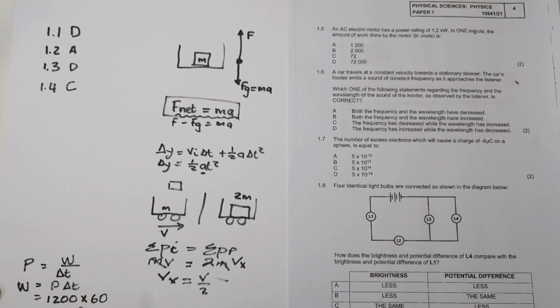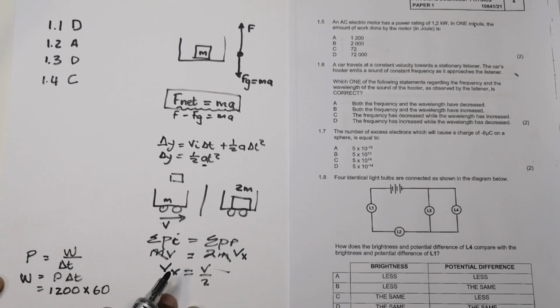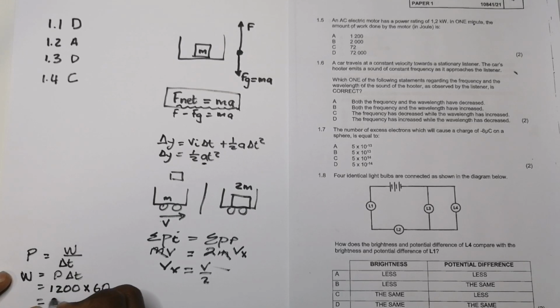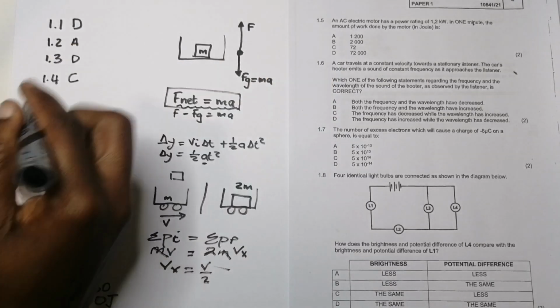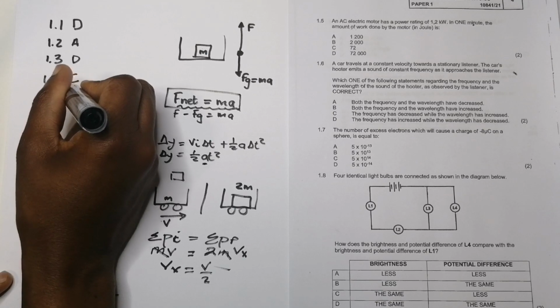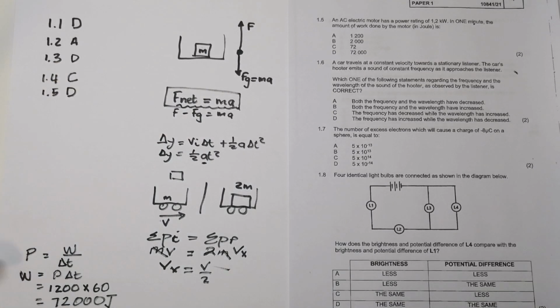Remember that time should be measured in seconds. Just some mathematical gymnastics there, and I get an answer of 72,000, and that's in joules. So the correct answer there should be D. So the answer to 1.5 is D.